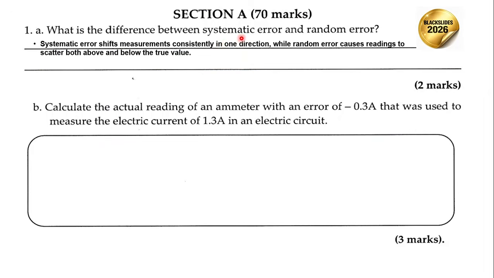It can be positive throughout or negative throughout. But random errors will always cause readings to scatter both above and below the true value. That's one difference. By saying this difference, you have 2 marks. So 1 mark could come from systematic error shifts measurements consistently in one direction, while random error causes readings to scatter both above and below the true value. That's another mark, giving you 2 marks.